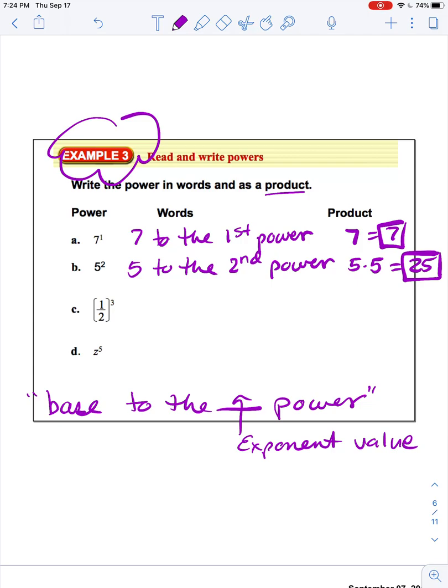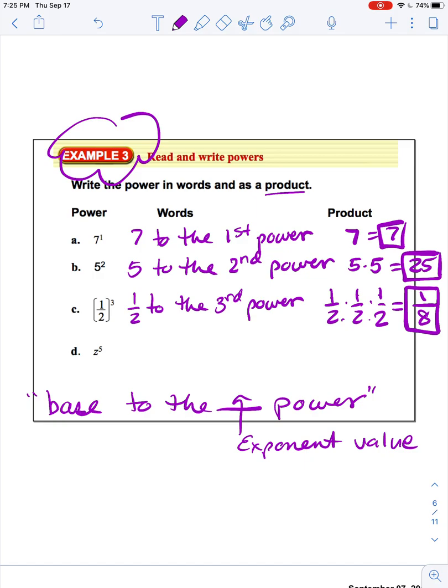My base in C, 1/2 to the, and then my exponent, third power. I'll have a half repeated 3 times. Oops, I said 3, so I wrote 3. Then when you multiply fractions, you multiply the top, so 1 times 1 times 1, and you multiply the bottoms, 2 times 2, which is 4, times 2.